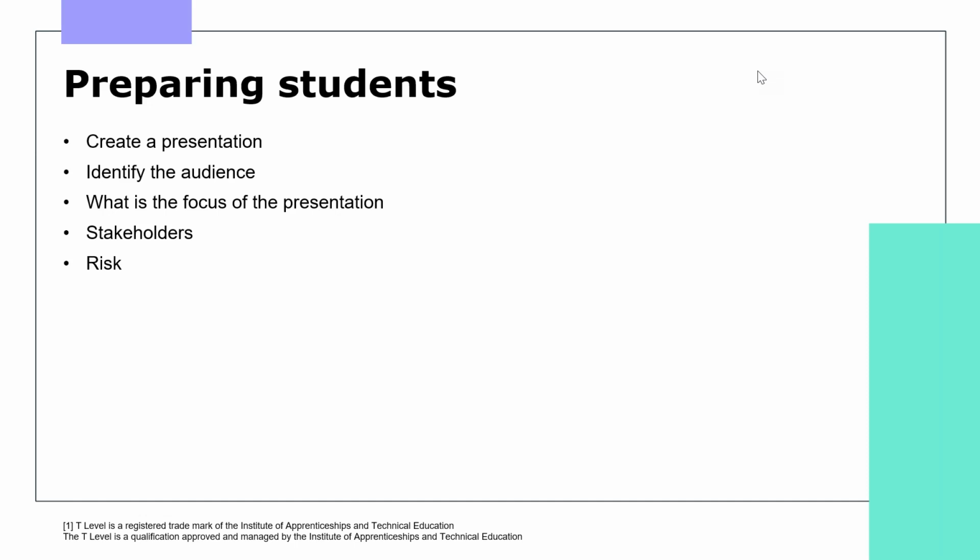I know we've mentioned it a few times, identify the audience, but they should be able to clearly identify from a scenario who the target audience is. If you get students to present something to employers, teachers or peers, they're explaining something technical, and then get them to present the same information to a group of students that aren't technical.